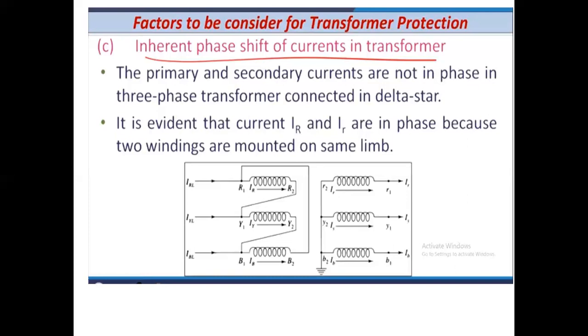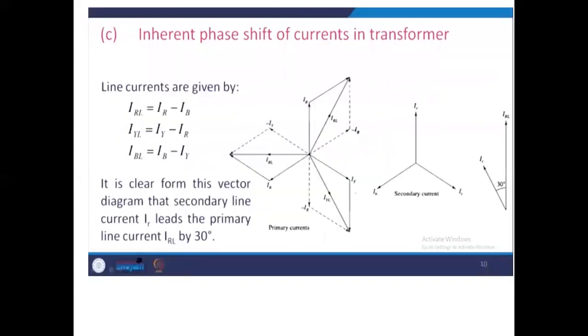If I draw the vector diagram, you can see that small IR, IY and IB are all 120 degrees apart from each other, and similar is the case with the phase difference of capital IR, capital IY and capital IB.